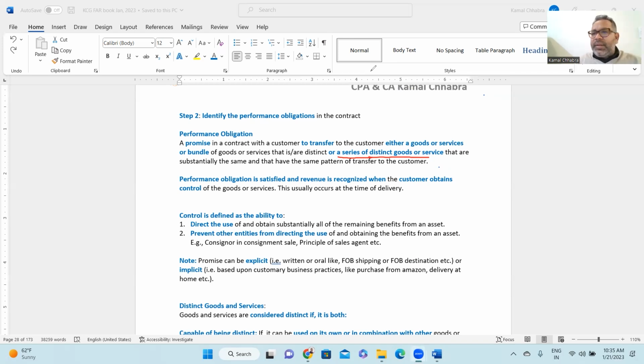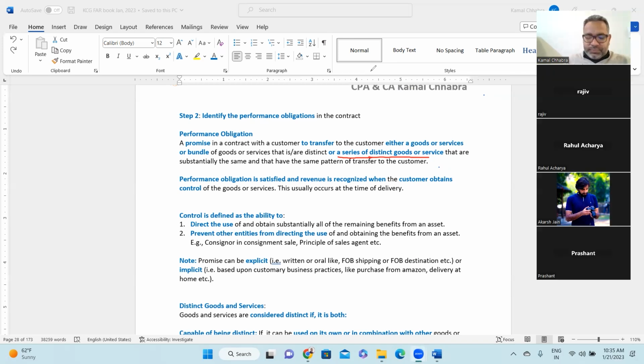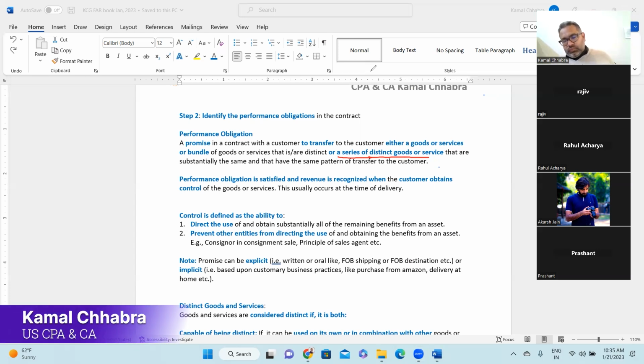Sir, you have an IT team in your office. Yes, sir. Actually, I have a good example of this. My organization recognizes revenue on the basis of a series of distinct goods and services. We provide services on a monthly or annual basis, like in the telecom industry.